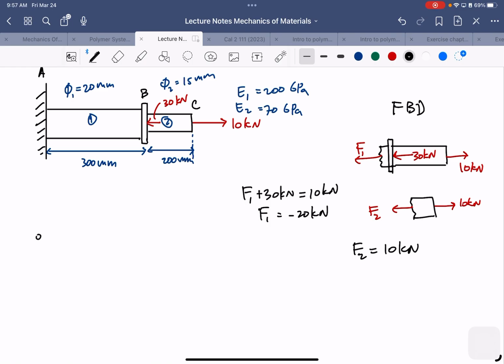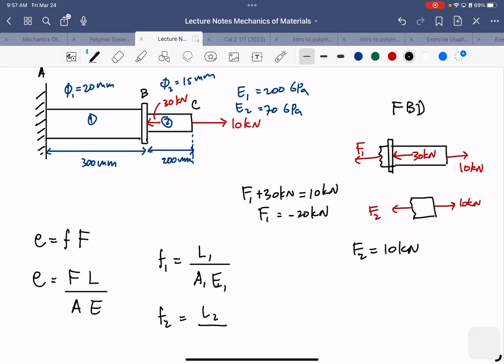Okay, remember that we can write the elongation as F over, or we can write directly F, L, A, E, right? So if we consider just the small f, then we could take F1, L1 over A1, E1, and F2. Okay, now we get this.